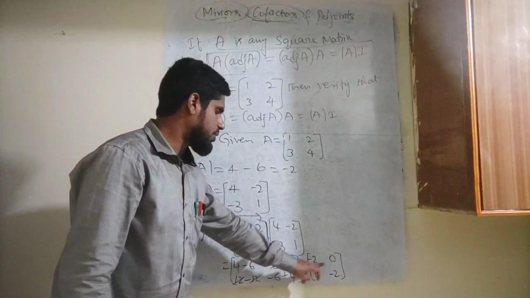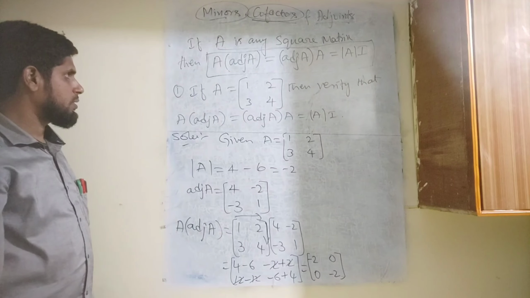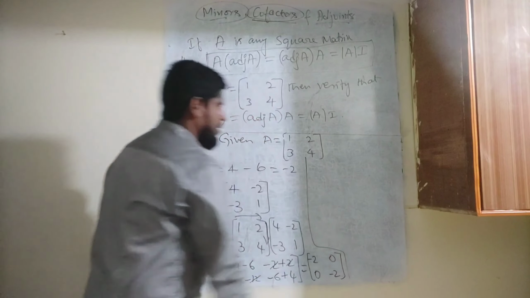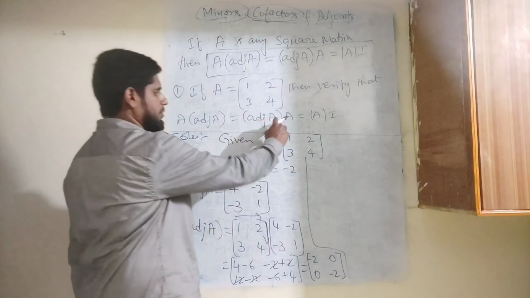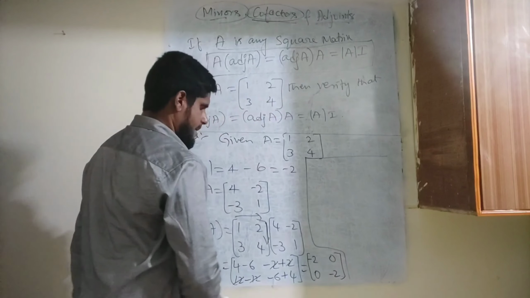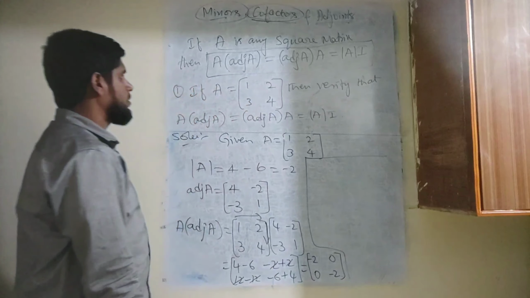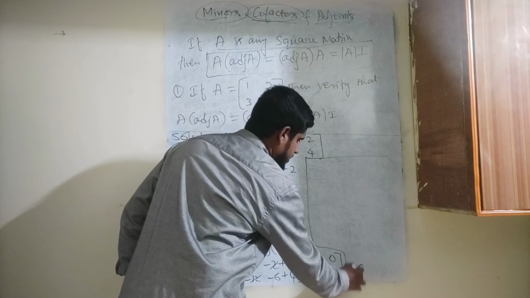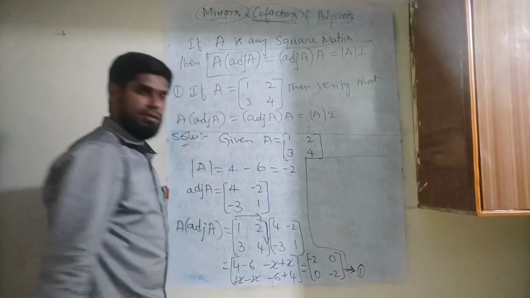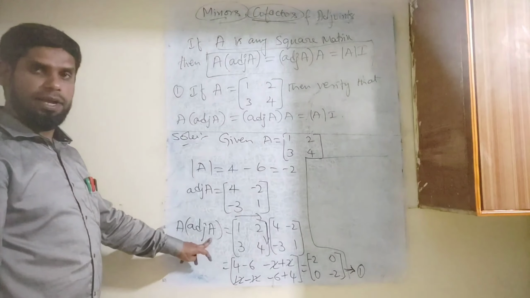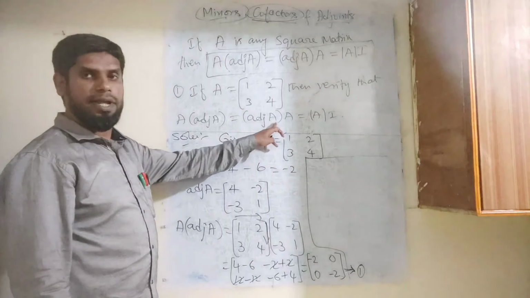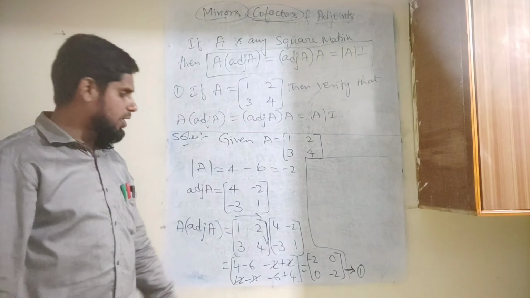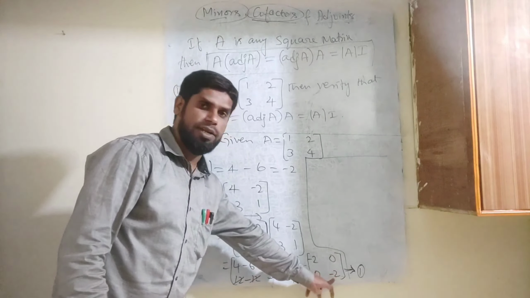This is A into adjoint A. Next, let us see what adjoint A into A is. I will call this equation 1, because I got A into adjoint A. This identity has 3 parts, and the first part is completed. The answer is [-2, 0; 0, -2].